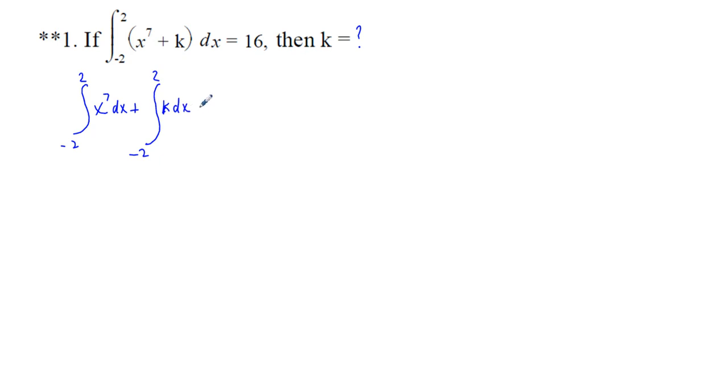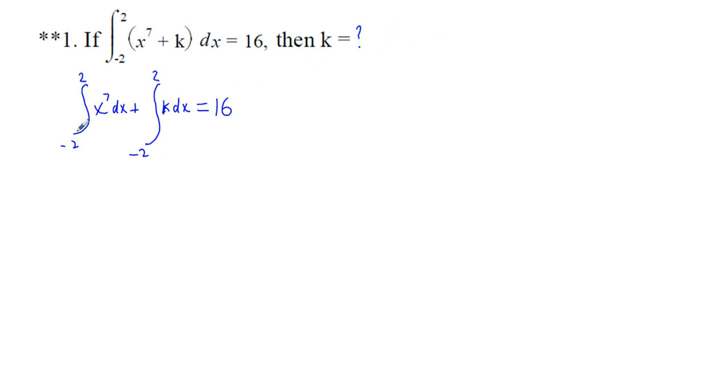And we know that these two now separate integrals together are going to be equal to 16. So if we can find what this value is here, the integral from negative 2 to 2 of x to the 7th power dx, that's going to make us able to solve for k.